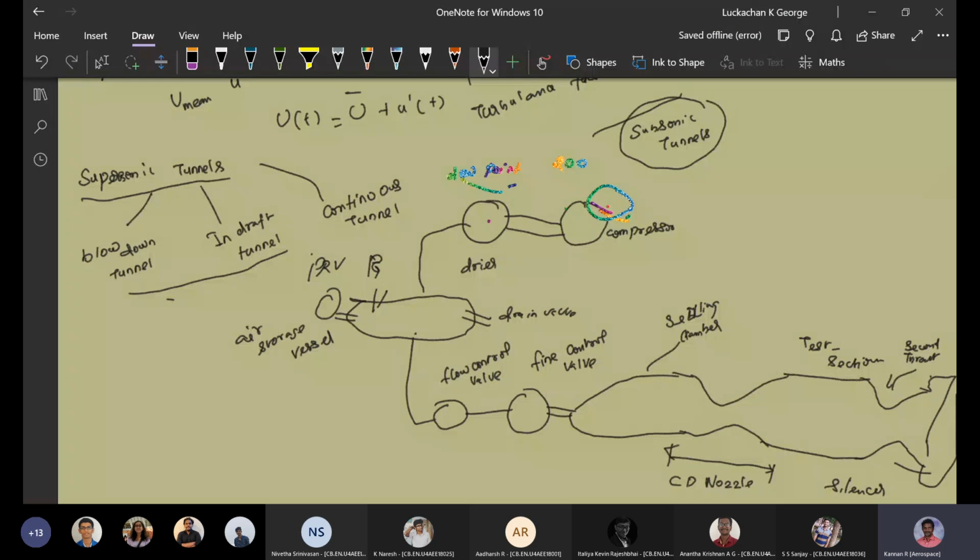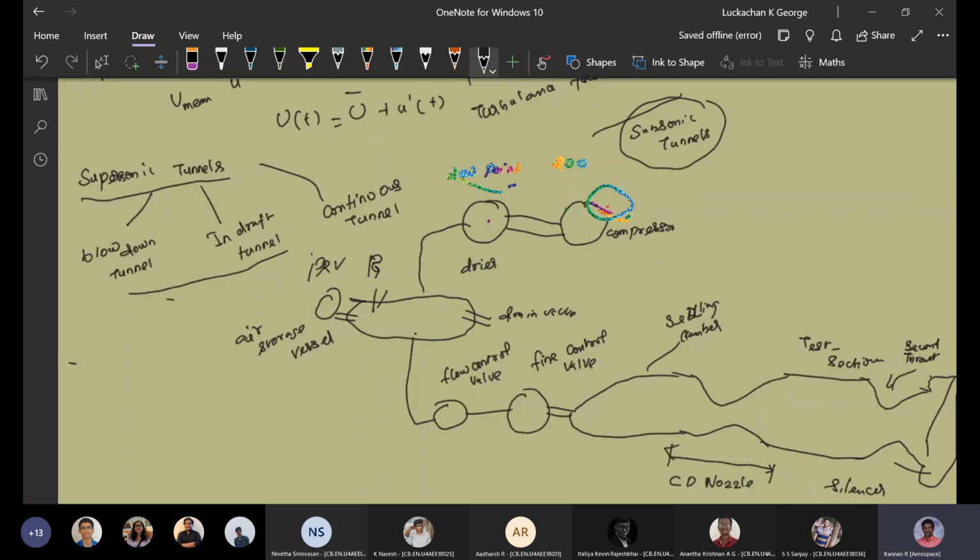Then we have to store the air at as much pressure as possible, depending on the tank volume. I have stored air in a tank, but I am going to blow it down through a convergent divergent nozzle. I want to know how much Mach number I am going to achieve, first.